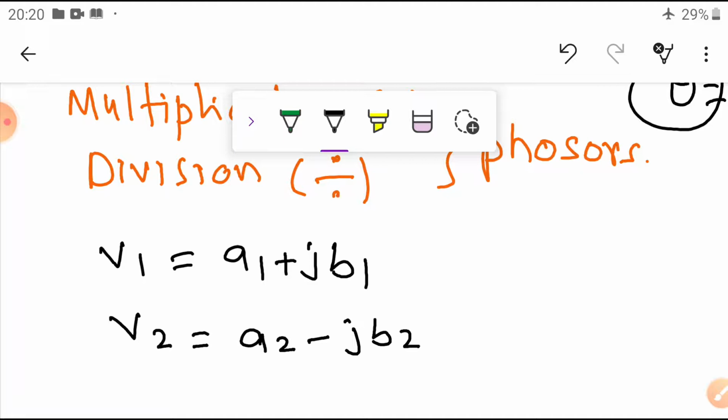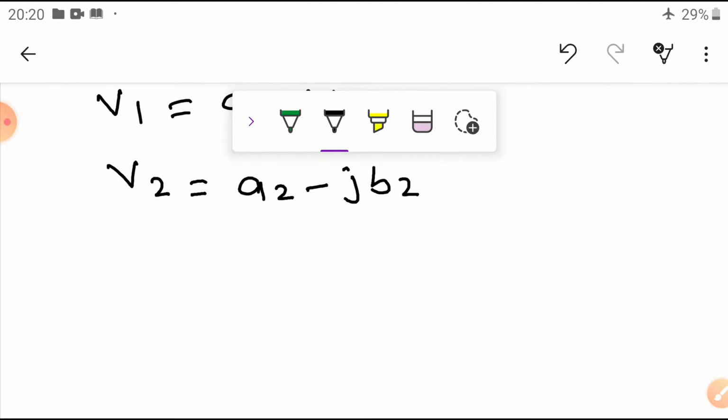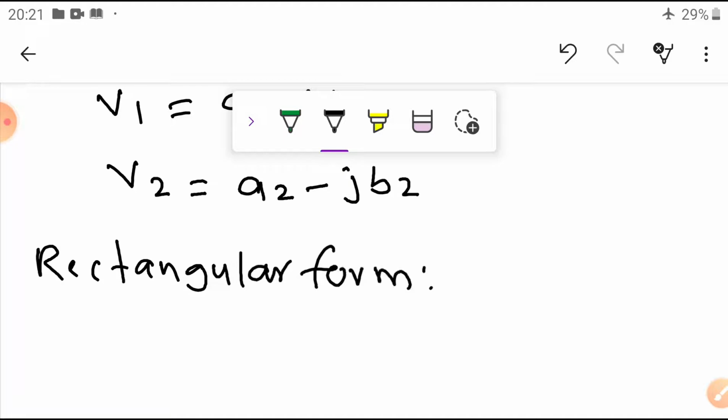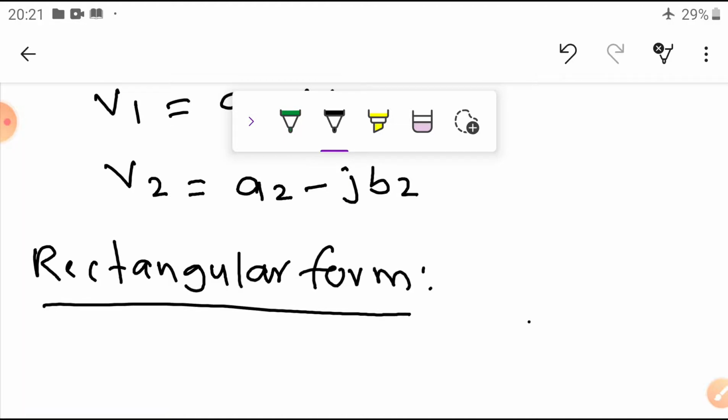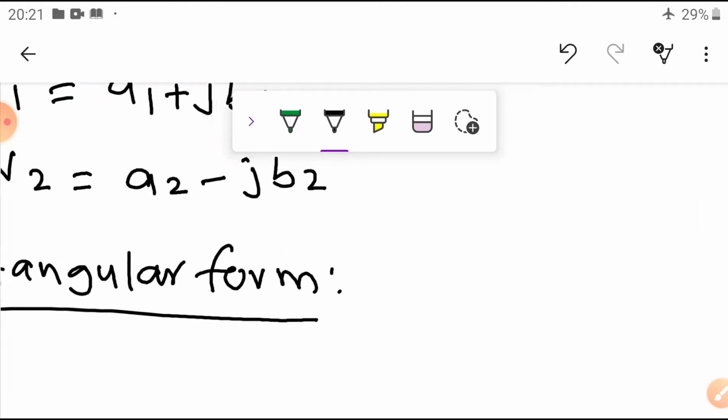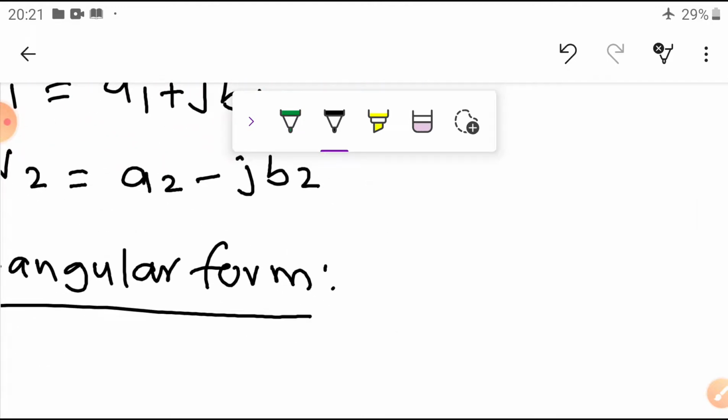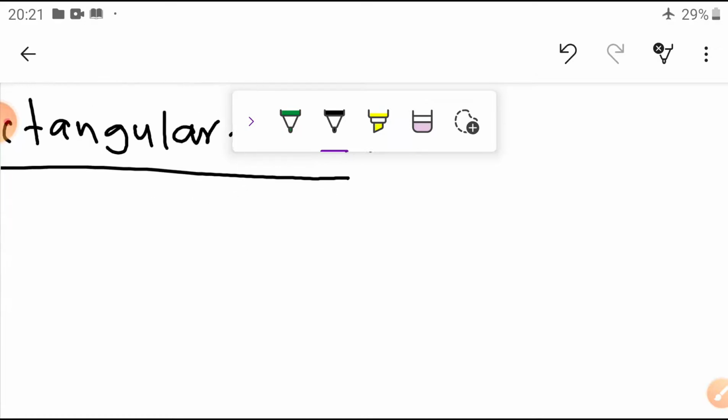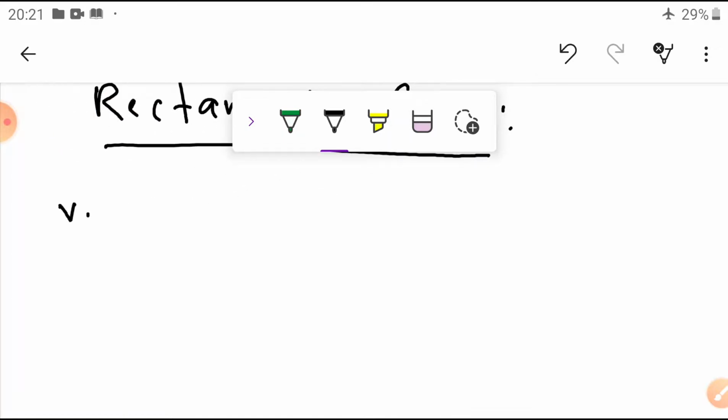Okay. Now, let us see multiplication. In the polar form, we multiply their magnitudes. Let us do the rectangular form. This form takes more time, but it is very easy. You have already learned this type of method in mathematics. What values are given? V1 is given as A1 plus j B1.